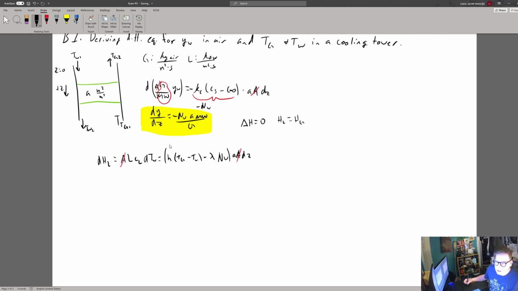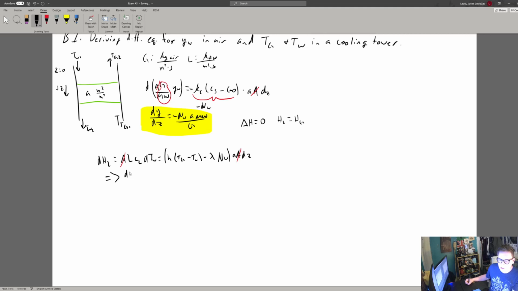So then we can manipulate this a little bit more. We can divide the change in the height over, and then we will get this new equation. I will just rewrite it down here.